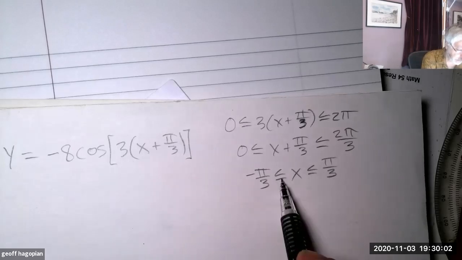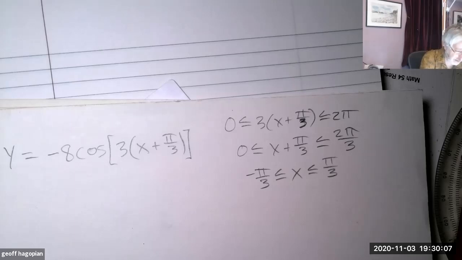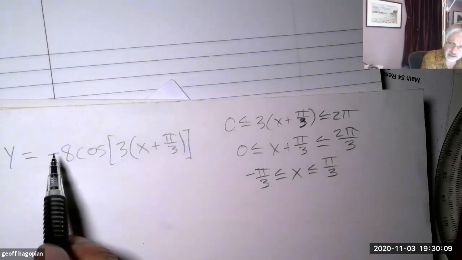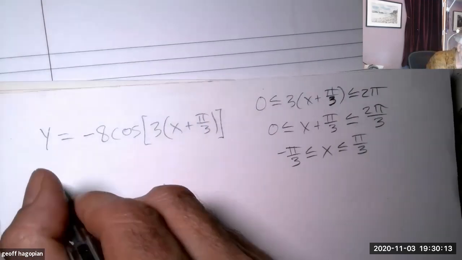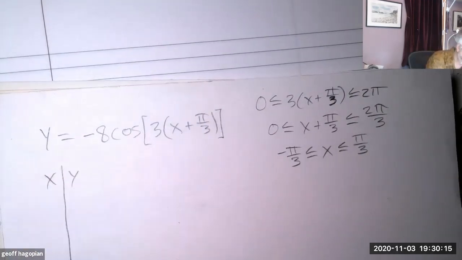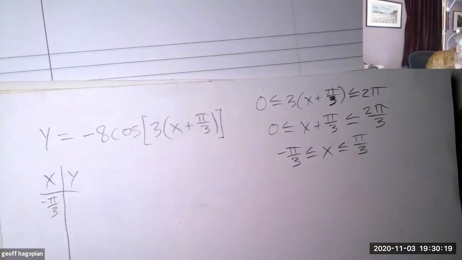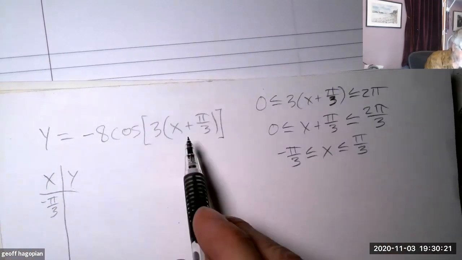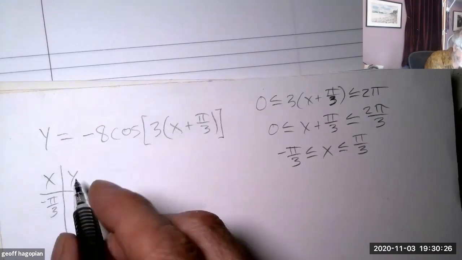So this is one complete period where we start, well, we're actually going to start on a trough because of this negative sign here, right? But let's go ahead and make a table of values. And we'll start at negative pi over 3, why not? Where we'll see that the input is 0, right? And cosine of 0 is 1, negative 8 times 1 is negative 8.